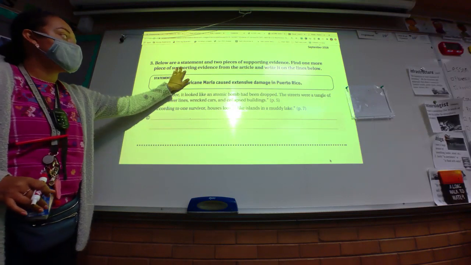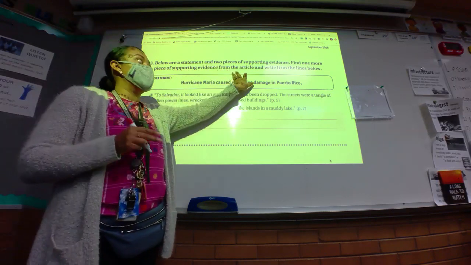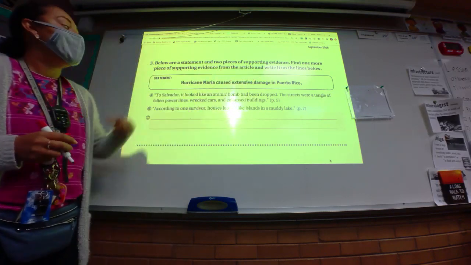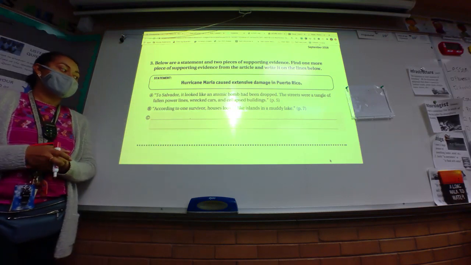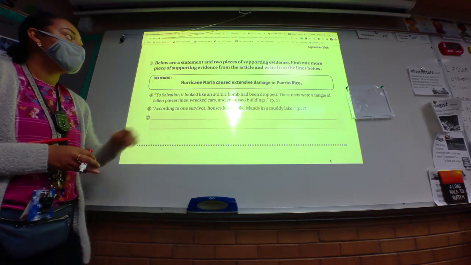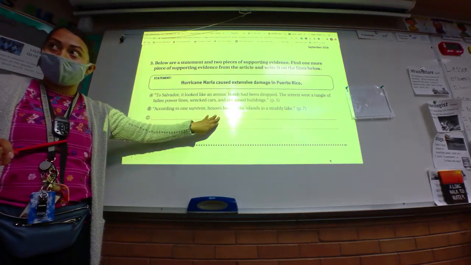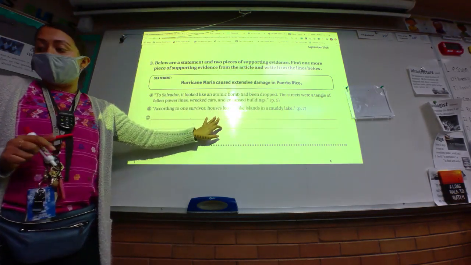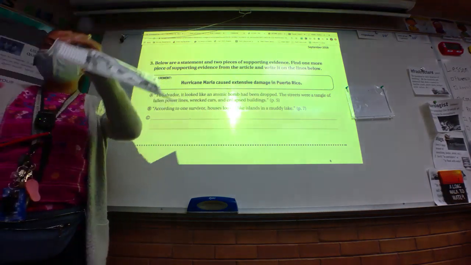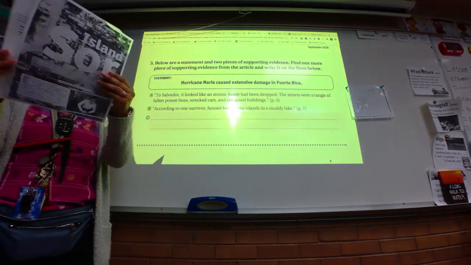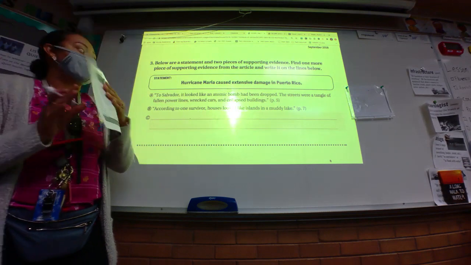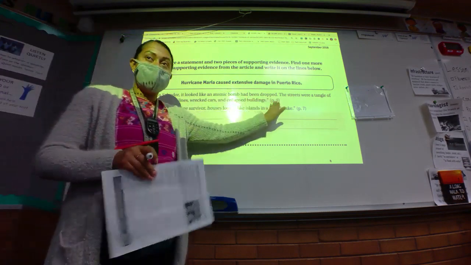Below are a statement and two pieces of supporting evidence. Find one more piece of supporting evidence from the article and write it in the lines below down here. Okay, so you're going to need to pull up your article. The first one says it's on page 5.